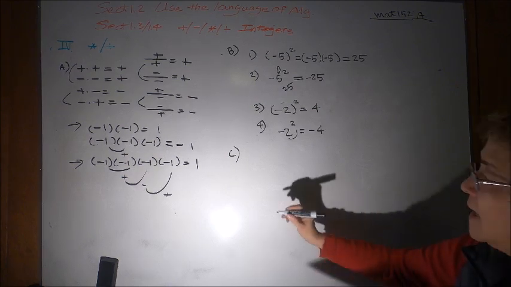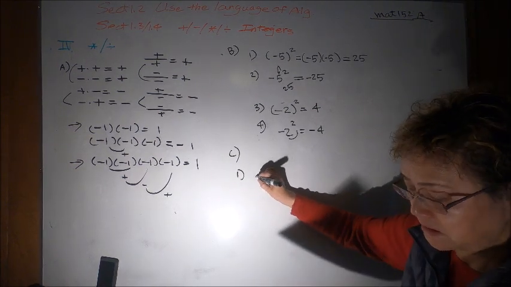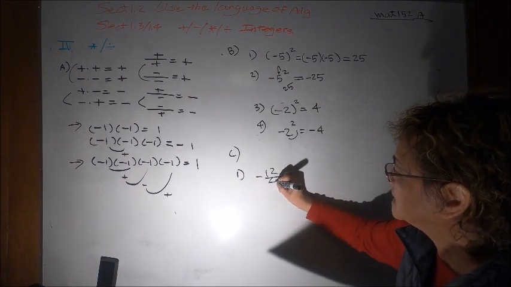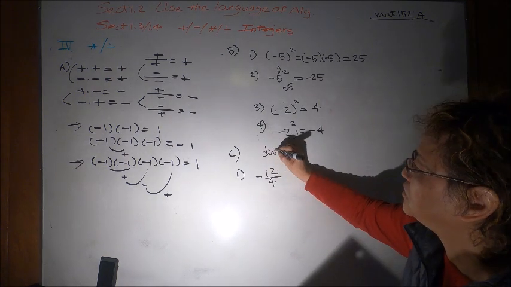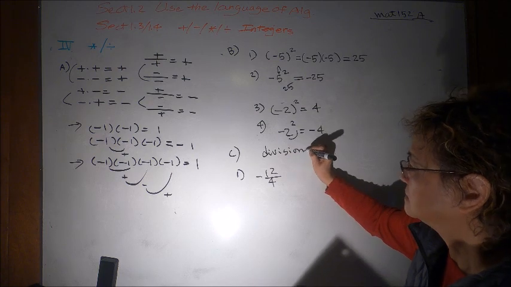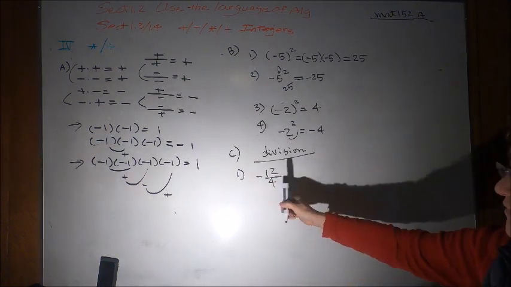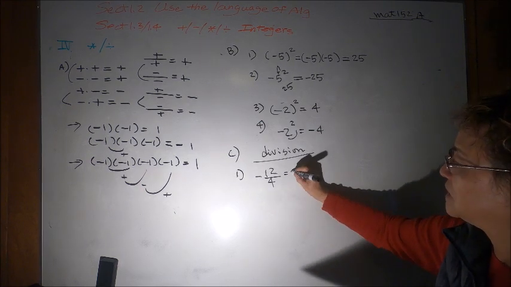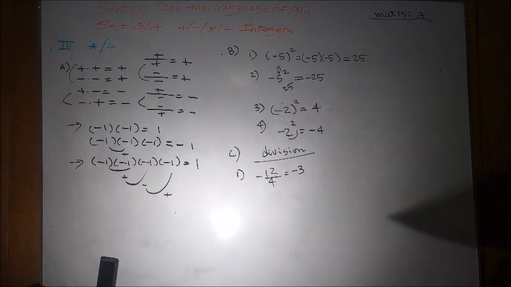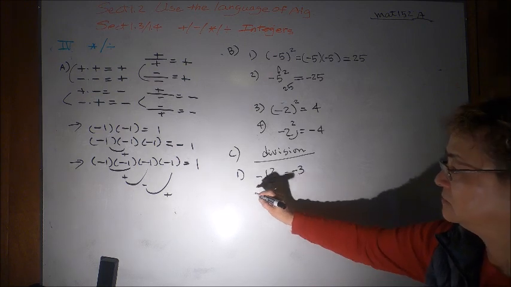So, sometimes we write a fraction like this. What does the line mean? Fraction. It means what? Division. Right? So 12 divided by 4, then you attach the sign for it. That would be -3. Right?